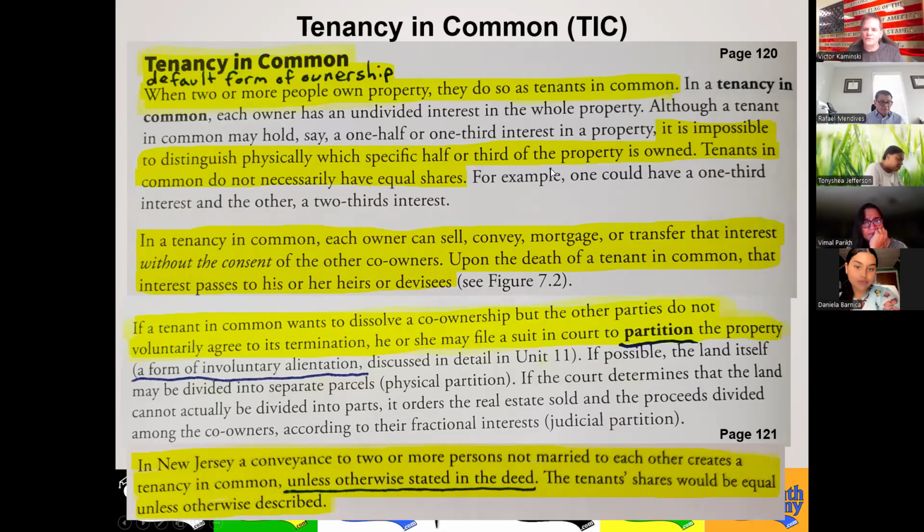It is the default form of ownership when you have two or more owners not married to each other. When you buy property together, you'll automatically be tenants in common. That's what we mean by default. Unless you specify that you wish to take ownership in another way, you're going to be taking ownership as tenants in common. Okay?